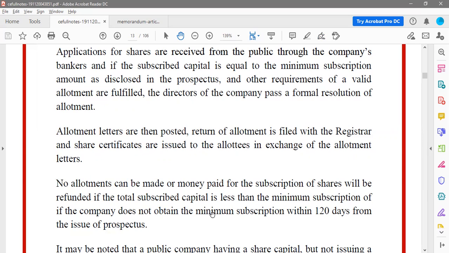Or at least if 5 shareholders buy the shares, or 15 shareholders buy the shares, it depends on the company. The number can vary, but the minimum number of shareholders has to buy the shares. Only then they can continue with the issue of the shares. So that is the allotment stage.